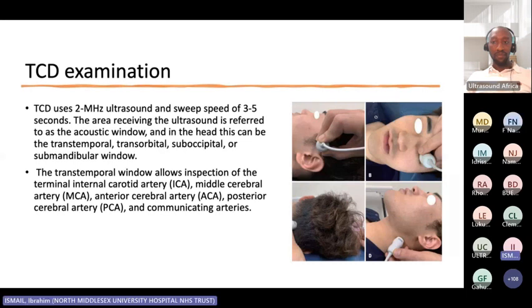It's always depending on the operator, but it's the most commonly used way of interrogating the intracranial vessels. Again, you can have the transorbital, suboccipital and the submandibular regions, but to be honest, I primarily focus on the transtemporal region as my go-to for these examinations.